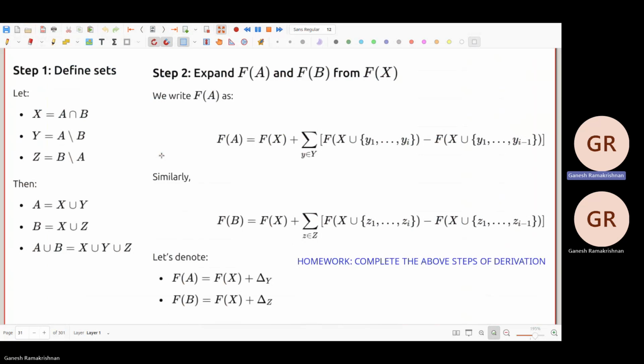This will remain, this will get cancelled with its next difference, and so on, and f of X will get cancelled with the negative component of the final term. You understand what's happening? All terms will get cancelled out except for this one. If you want, I'll highlight that as well.